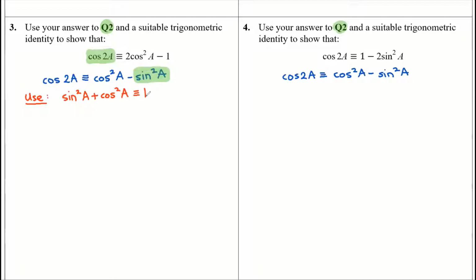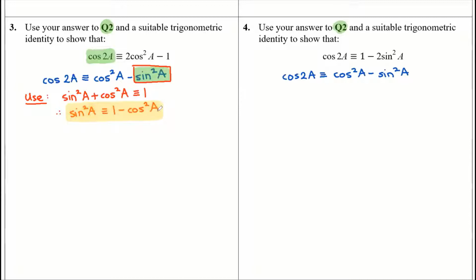And if we want to replace this sine squared a, we're going to have to make sine squared the subject in that identity. So therefore, sine squared a is identical to 1 subtract cos squared a. This is what we're going to substitute into our result from question 2.